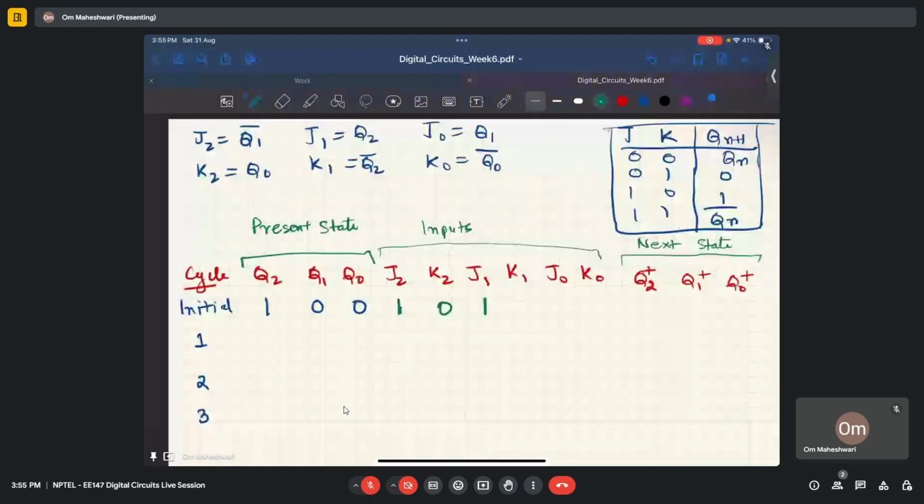Okay, now with these conditions, when J2, K2 is 1 and 0, your Q2 plus will be 1.